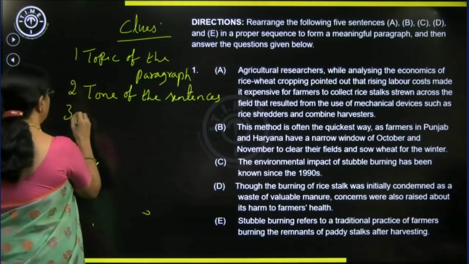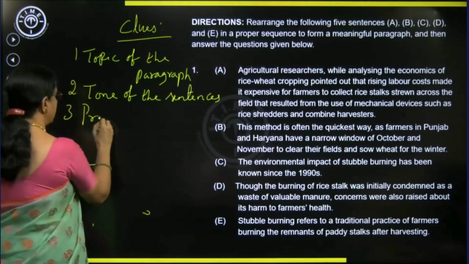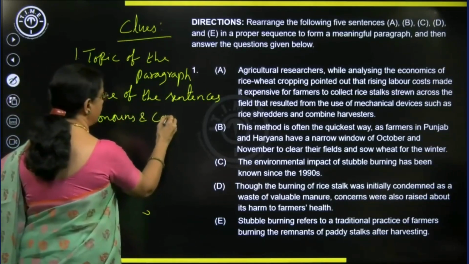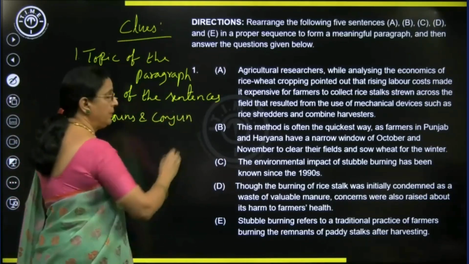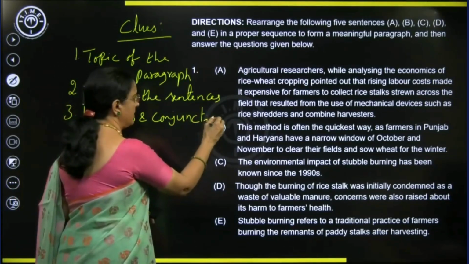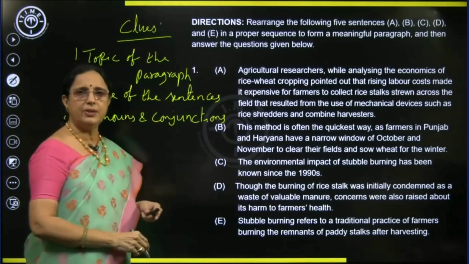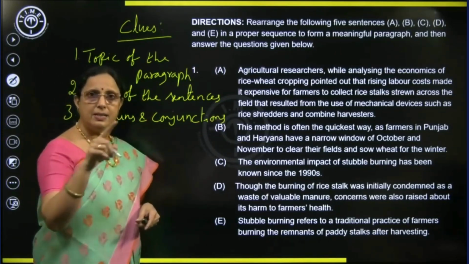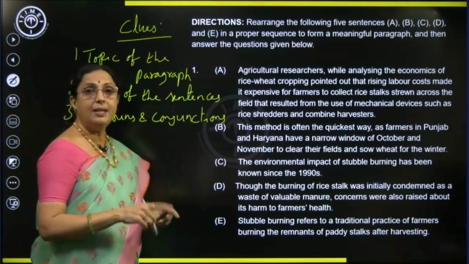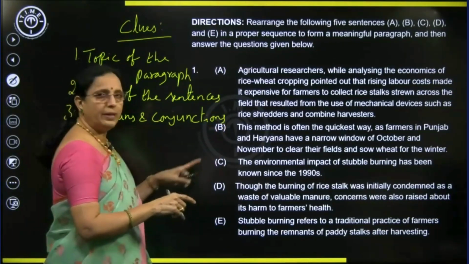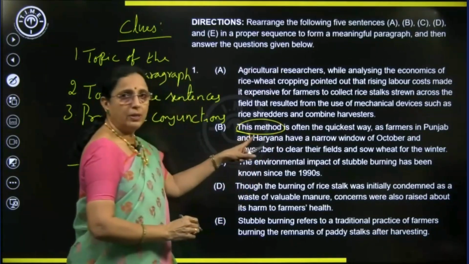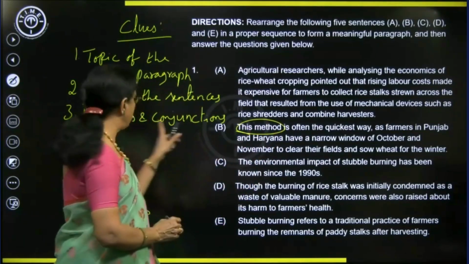Then, third one, pronouns and conjunctions. Pronouns and conjunctions are the straight clues, so if you have a pronoun or a conjunction, don't miss that. He, she, it, they, this, that, these, those mainly give you the links. If you look at this one, "this method" is the pronoun clue.